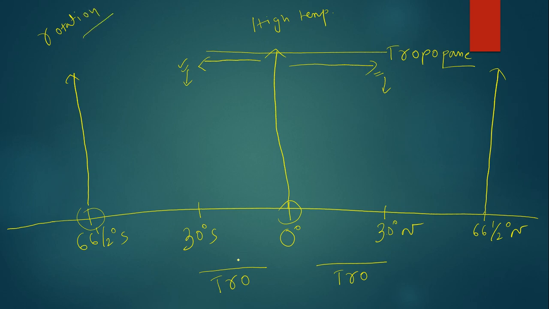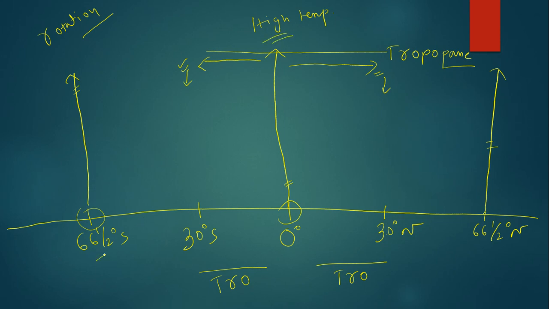Since the rotational movement of the earth is very high over that particular place, the air is deflected from the body of the earth and moves in the upward direction. So just listen. From the equator, why is the air moving upward? Because of the high temperature.